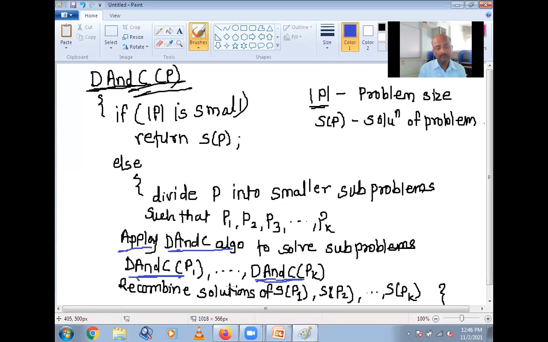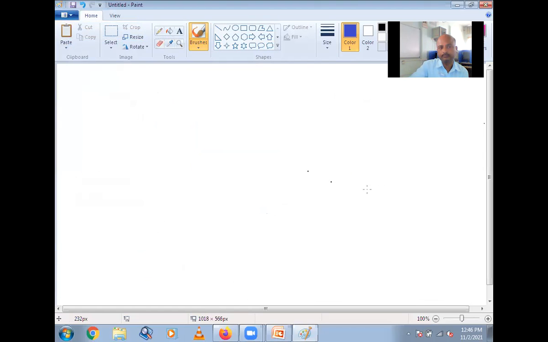Next, suppose the size of problem P is n, and this problem P is divided into k subproblems such as P1, P2 up to Pk.